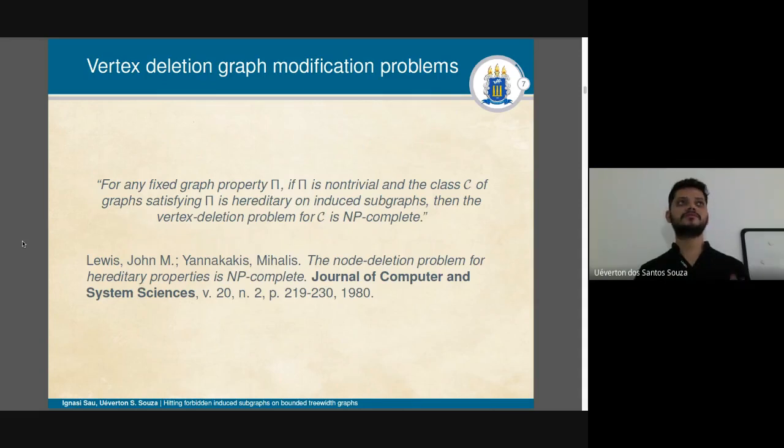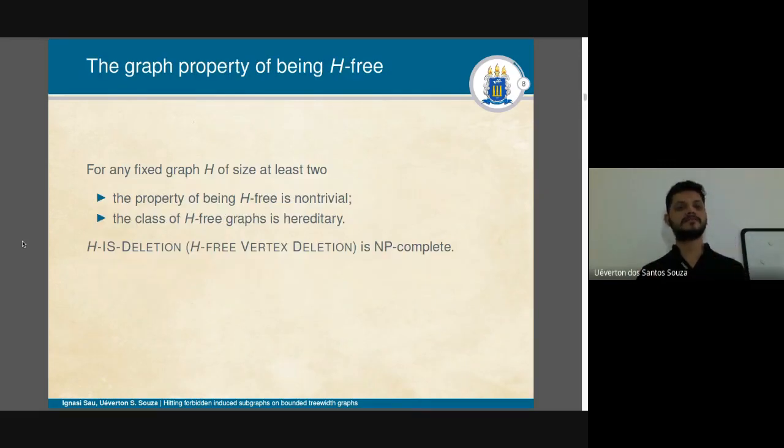And we know that this kind of problem is NP-complete if the graph class is a hereditary graph class and the property of being in that class is non-trivial. This is a result of Lewis and Yannakakis. And that is exactly the case of H-free graphs. The property of being H-free is non-trivial, and the class of H-free graphs is a hereditary graph class.